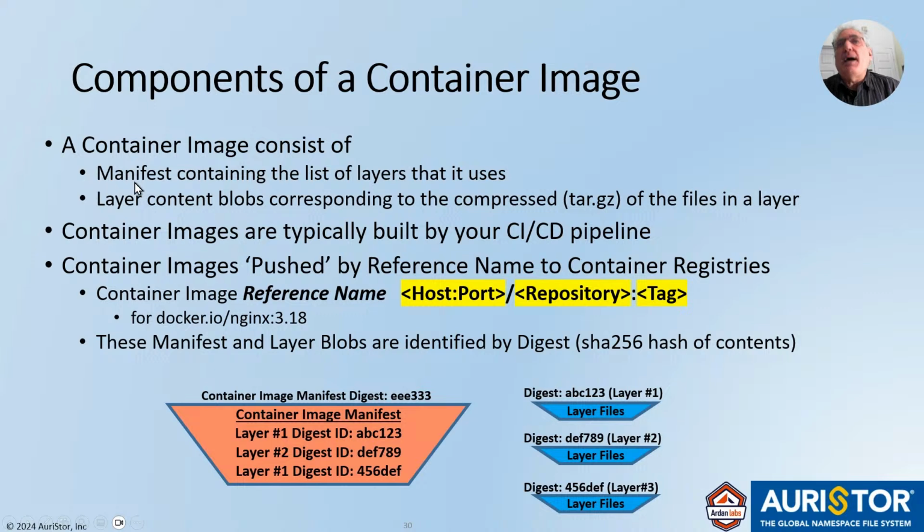So it contains the manifest, and a set of files which correspond to the layers, and they tend to be stored as compressed tar.gz files. These images are typically built in your CI/CD pipeline or your Docker build, and then you push them to your container registry, to a host / repository / tag.